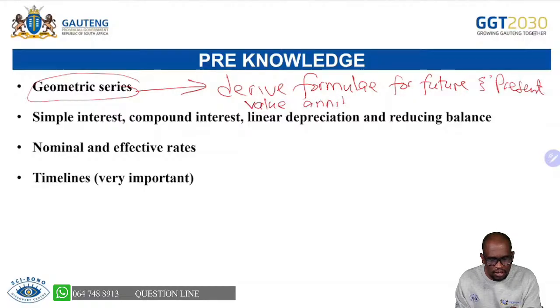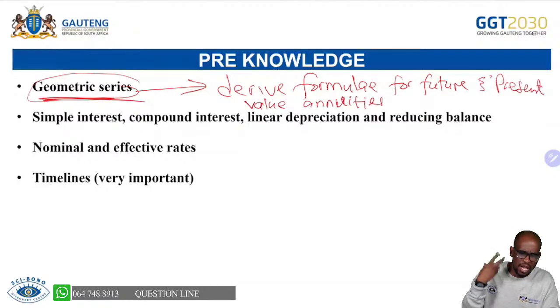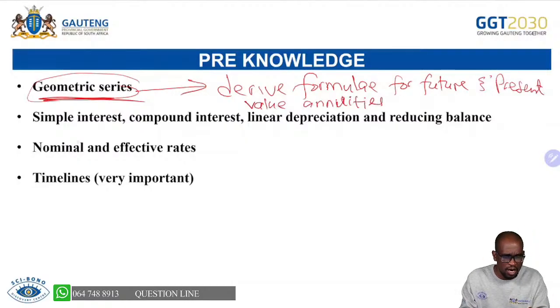All right, so that is where this geometric series comes through, because this money, as it grows, as you keep on investing the same amount of money, or you keep on paying the same amount of money at regular intervals, then you get to generate a series which would be geometric, all right? And then that series is going to be used, all right, to derive the formula that we use for future value as well as for present value, okay?